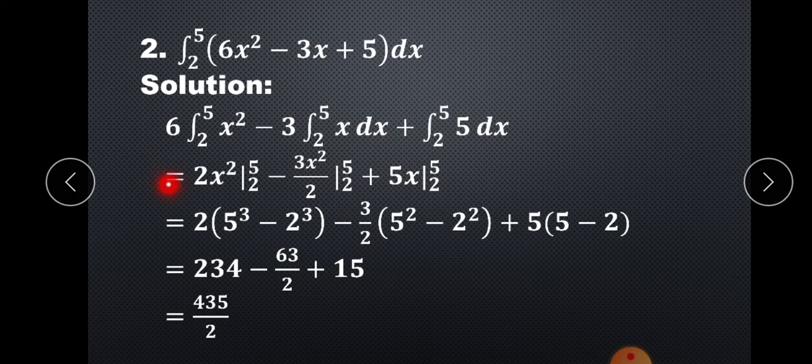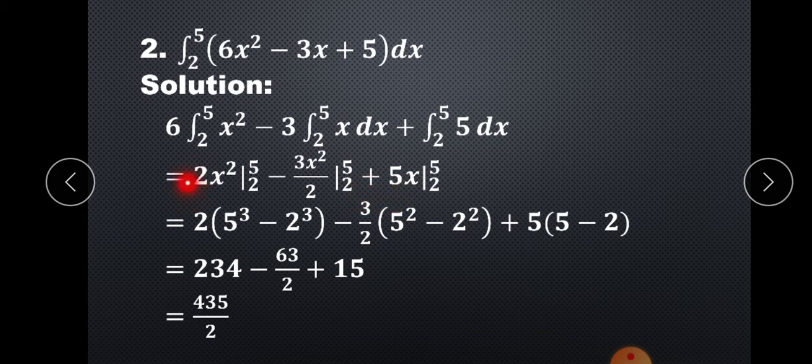So the integral of x squared gives us 2x cubed, and the integral of 3x dx is 3x squared over 2, plus the integral of 5 dx, so the result is 5x.